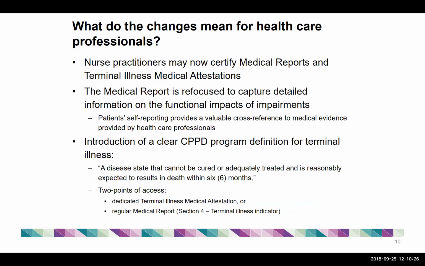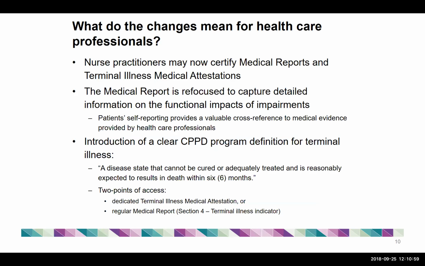I just want to underscore again that the eligibility criteria for the program remain unchanged, so we're still operating under the same legislation of severe and prolonged. However, the medical report has been refocused to capture more detailed information on the functional impacts of impairments. This is a big, big change for us. And this will be coupled or mirrored with the patient's self-report to provide a valuable cross-reference to the medical evidence that is provided by yourselves.